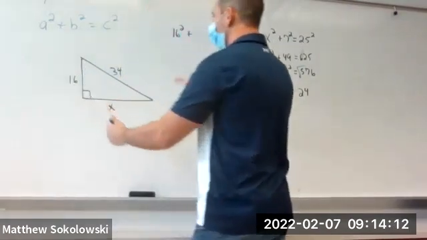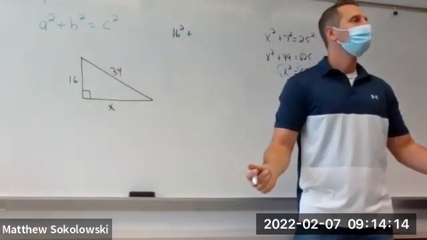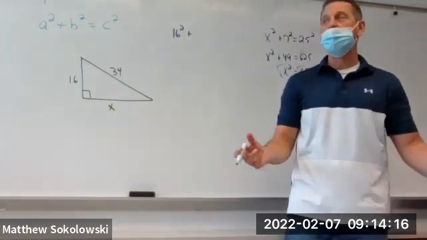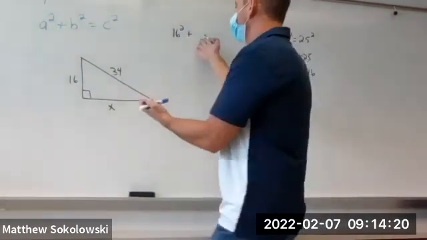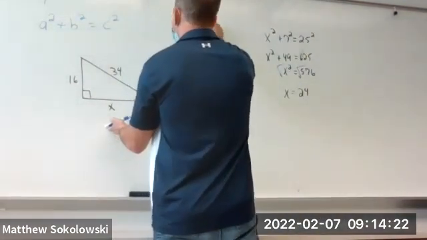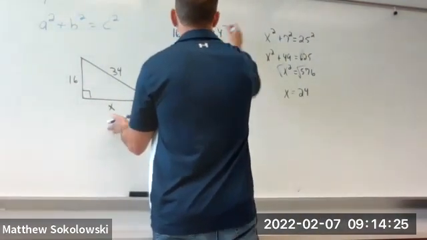Well, where's the 34 going? Yeah, 34 is the hypotenuse. That one has to go in for C. The 16 and the X don't matter. Those are the legs. The legs, the order doesn't matter. 16 squared plus X squared equals 34 squared.